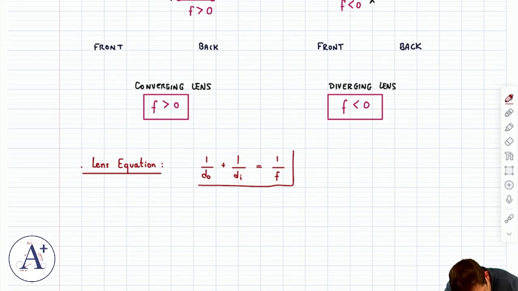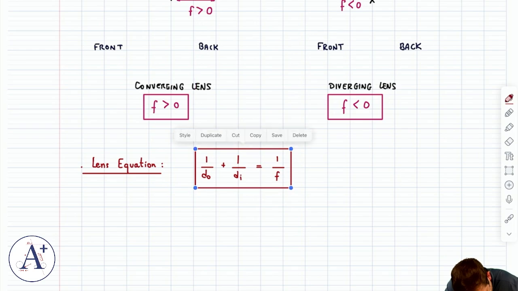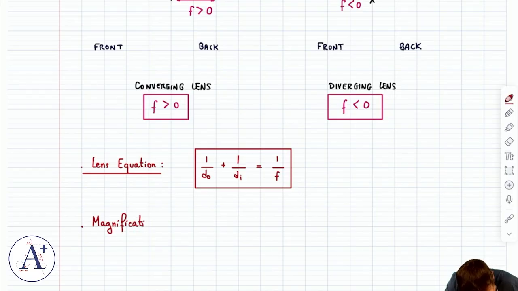It's the exact same equation. And then we have magnification, which therefore is also going to be the exact same equation. But by definition, first of all, it's going to be the height of the image over the height of the object, and that's going to be minus d image over d object.